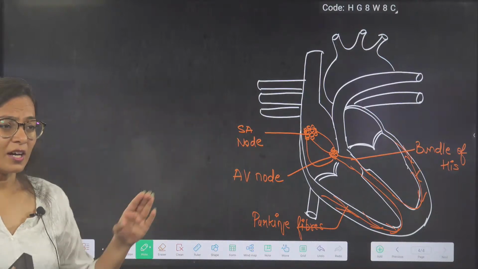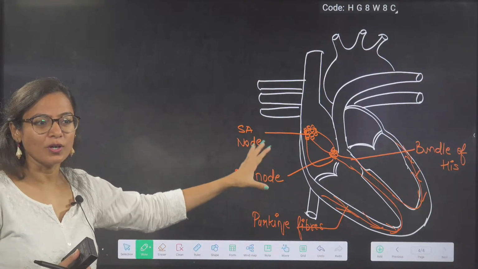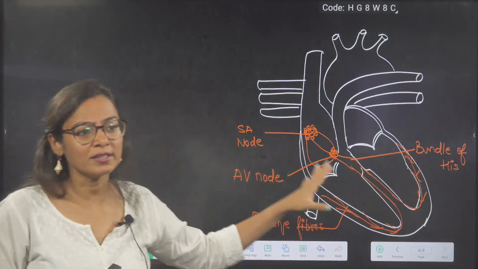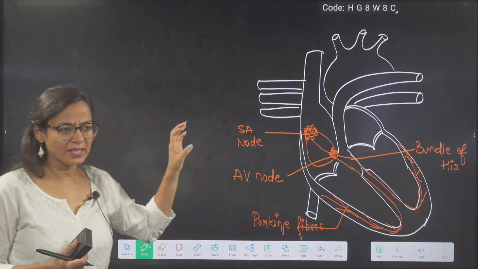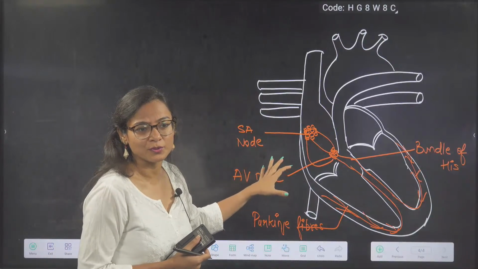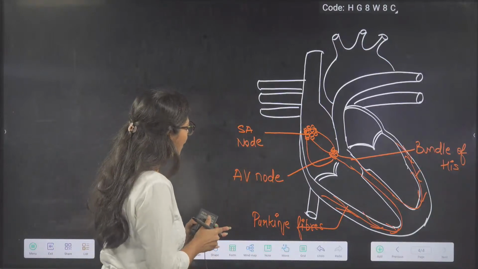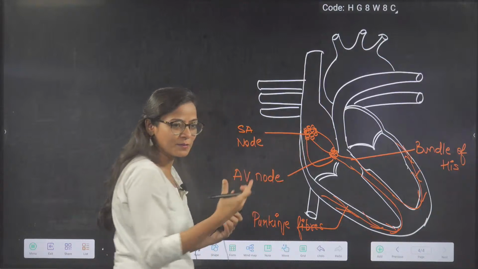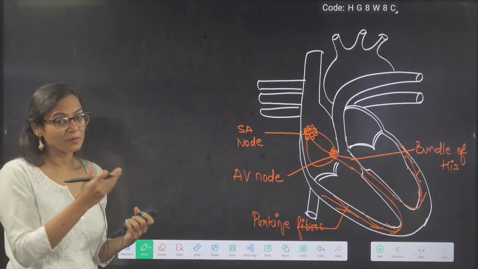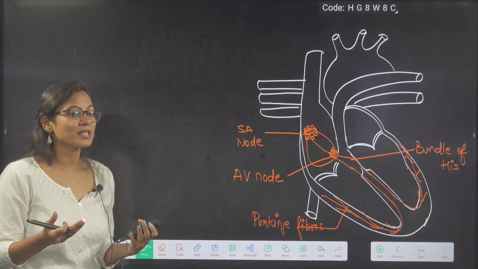Now, what do all these things do? All these patches of muscles which are auto-excitable, what do they do? It's very easy, just listen to the explanation. So now you have SA node over here. I told you just now that muscle tissue is able to generate impulse by itself.